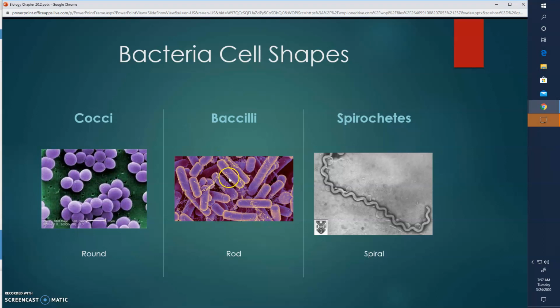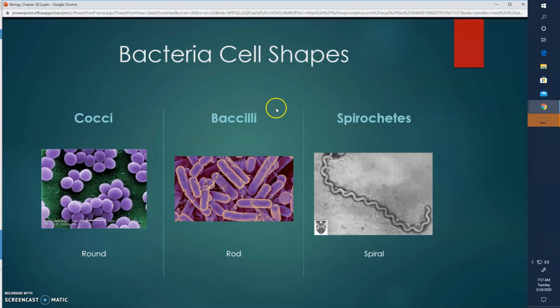Pretty cool looking ones. And then the spirochetes, which are probably the nastiest ones. All three of these, by the way, can cause disease in humans if they're in the wrong spot. But the spirochetes, as far as I remember, can cause some of the nastier diseases. I think cholera, I believe, is a spirochete, which I'll get to in a different talk.